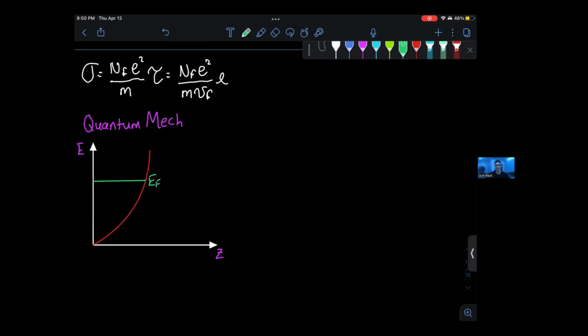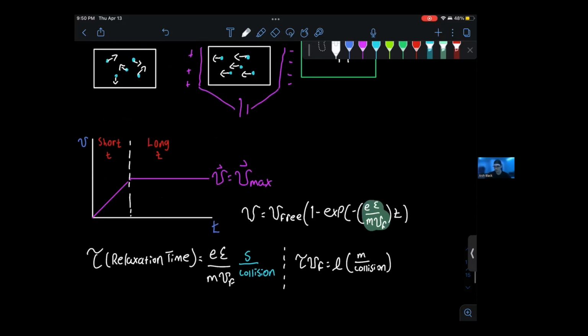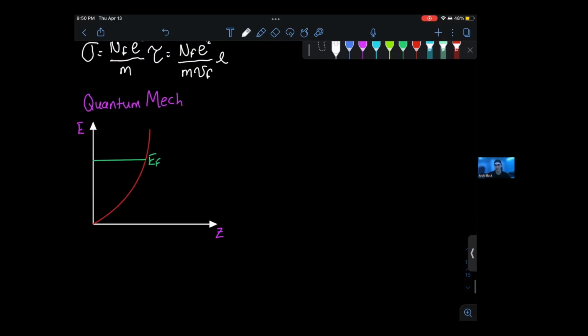Okay, now, when we talk about conductivity, we know that electrons in the conduction band are what we call conductive electrons. And in this specific case, when we're using the Drude theory, we're talking about metals. Now, what do we know about metals?